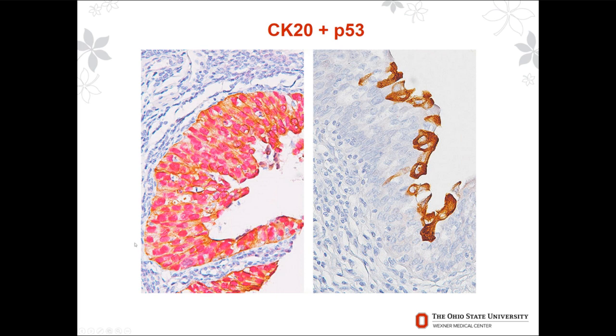On the left-hand side, you can see strong staining with P53, which is the red nuclear stain, and strong cytoplasmic staining. Notice it's transurothelial. In contrast, there is no P53 staining and only umbrella cell staining on the right-hand side, which is a reactive or normal pattern.